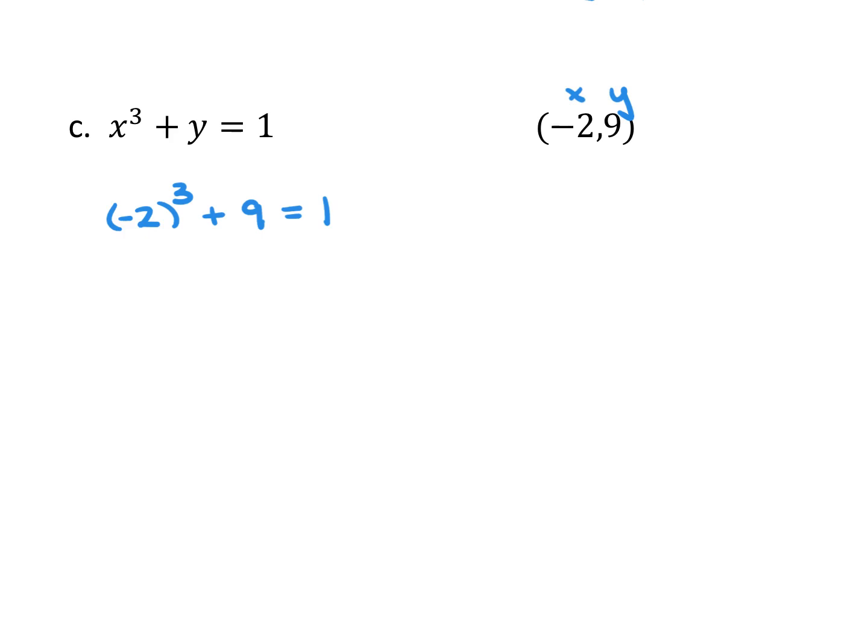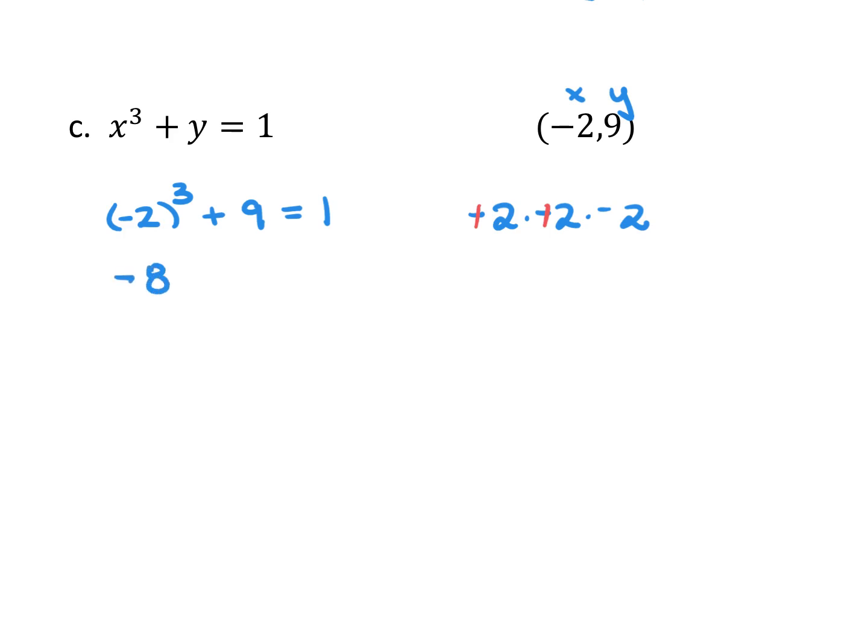All right, if we cube -2, this is -2 times -2 times -2. Here we can cancel 2 of our negatives. We have 1 left, so this is going to be negative.